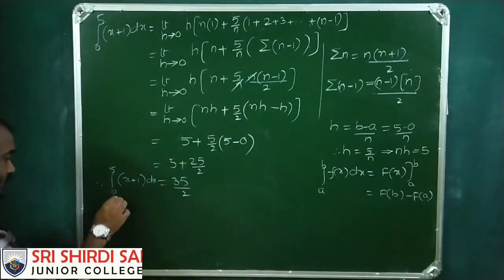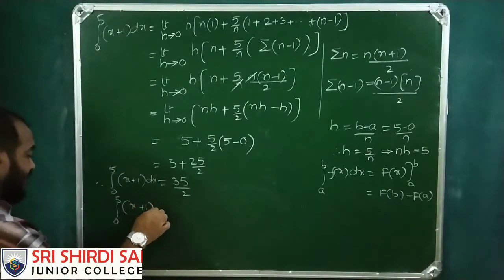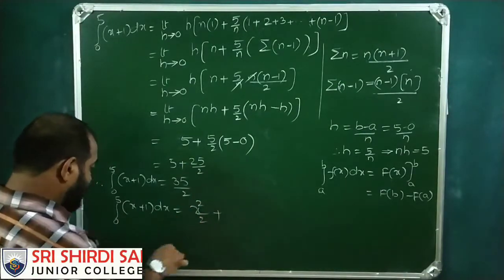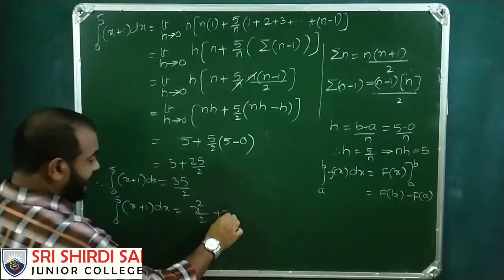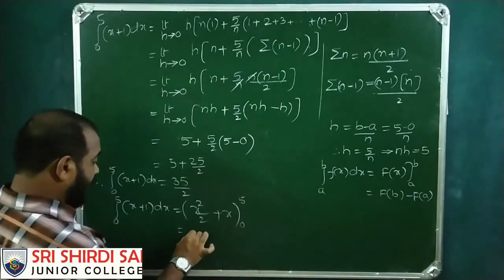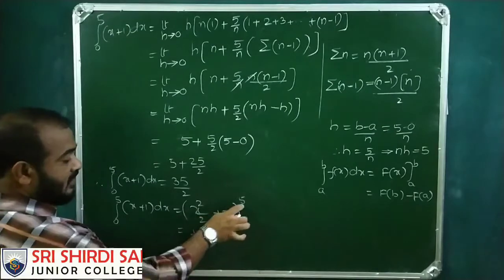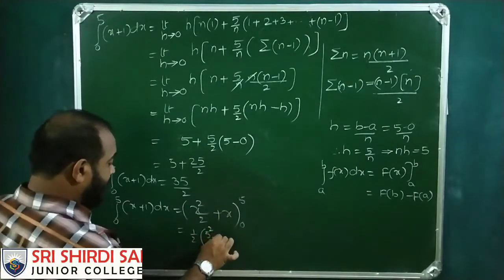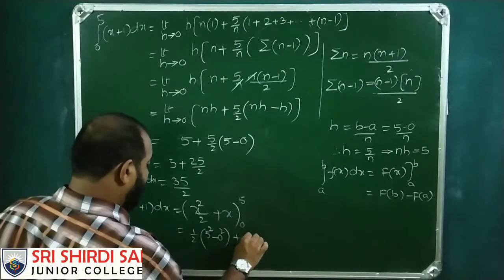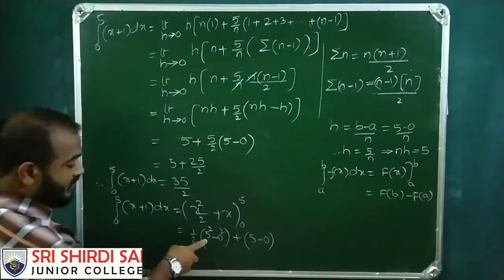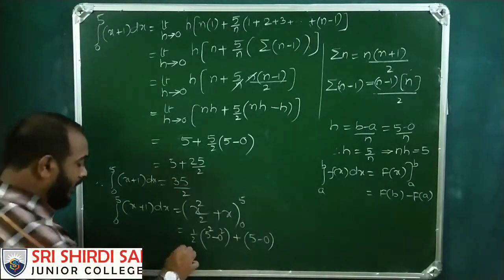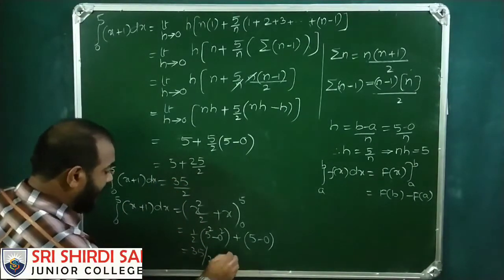So integral 0 to 5 of x plus 1 dx is equal to integral x dx, which is x square by 2, plus integral 1 dx, which is x, from 0 to 5. This is equal to 1 by 2, in the place of x substitute upper limit 5 square, minus lower limit 0 square, plus 5 minus 0. 5 square is 25 by 2 plus 5. The same answer we are getting, 35 by 2. So we can compare like this.